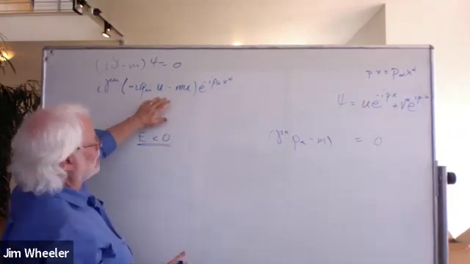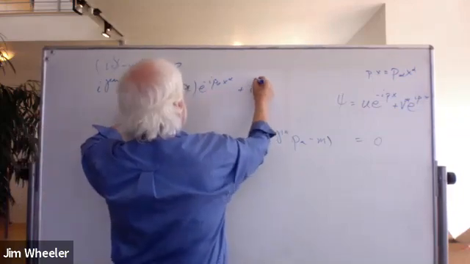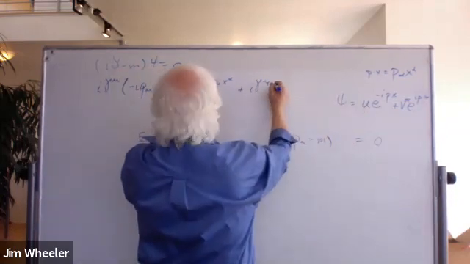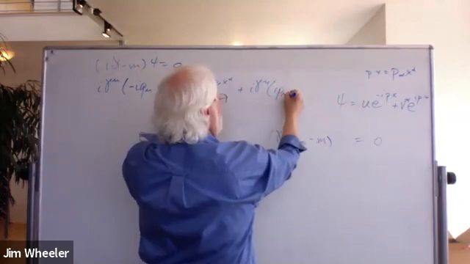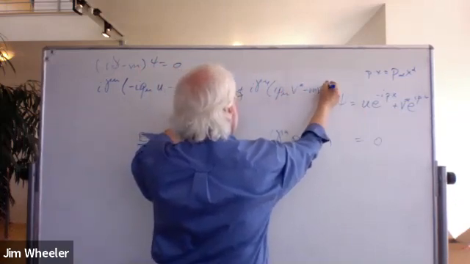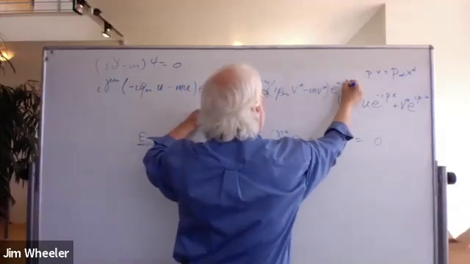That's this acting on the u part. Then we have i gamma^mu, and now this is going to pull out a plus i p_mu on v star, minus m v star, times e to the plus i p dot x.